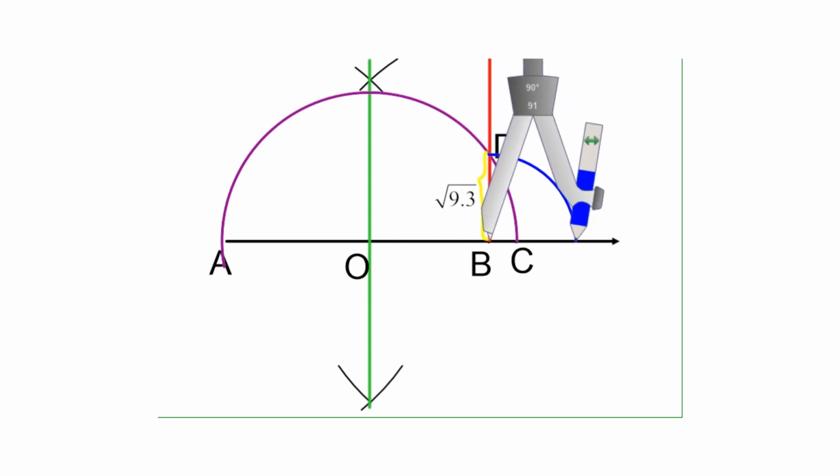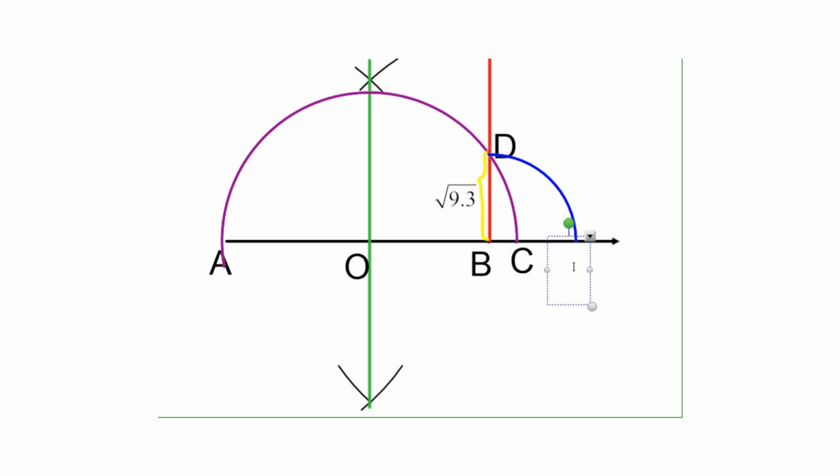The point of intersection of this curve and the number line we can call E. So this BE distance will be equal to root 9.3.